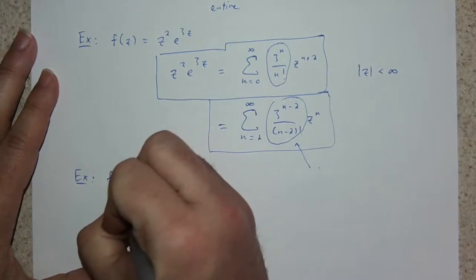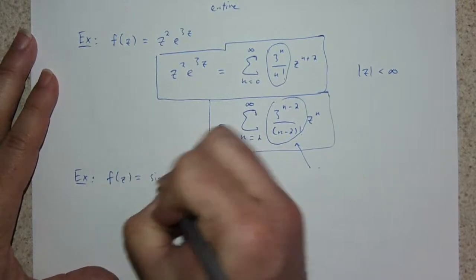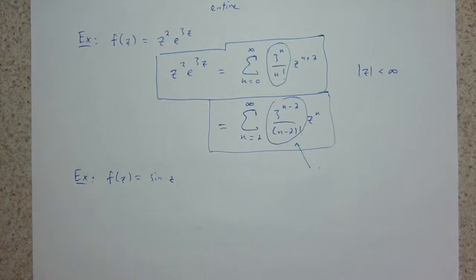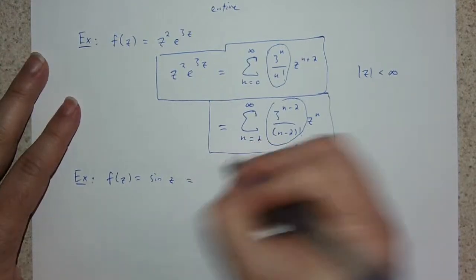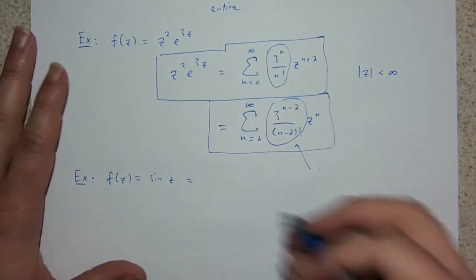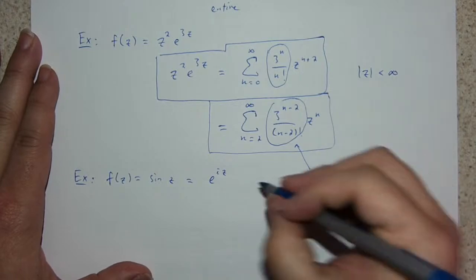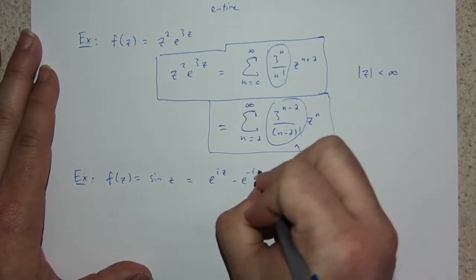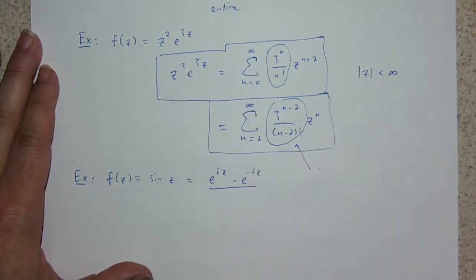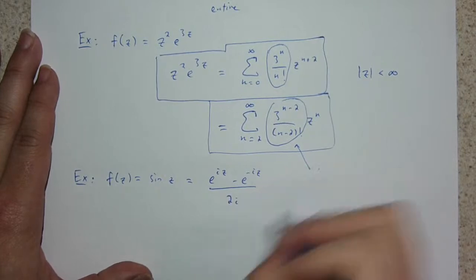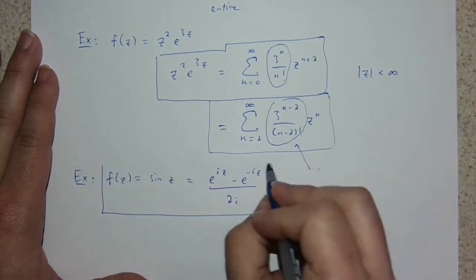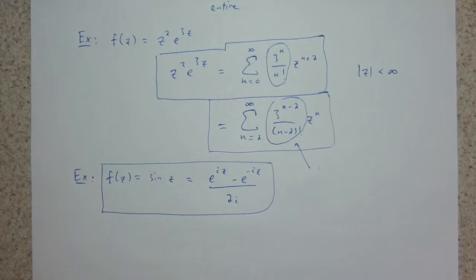So let's let f of z be equal to sine of z. Now, recall that the definition of sine z that we gave, and the one we've been using this whole time, is e to the iz minus e to the minus iz over 2i. All right, so this is our definition of sine of z.